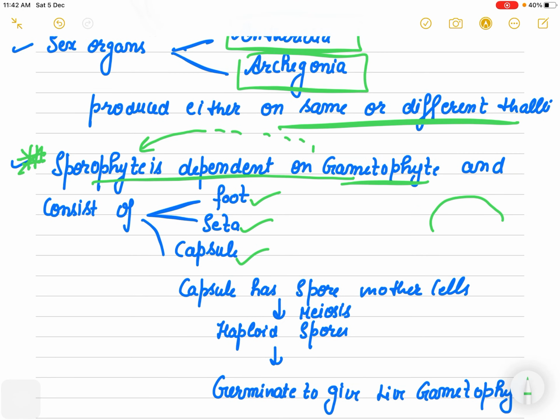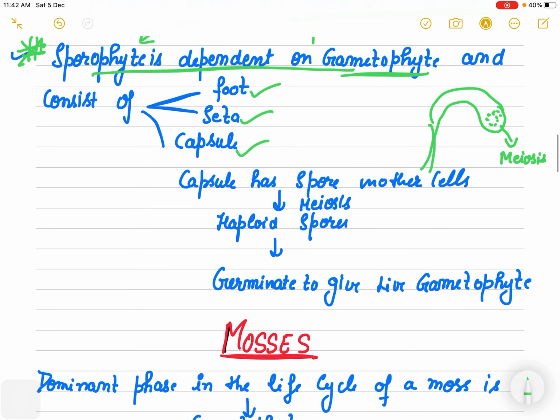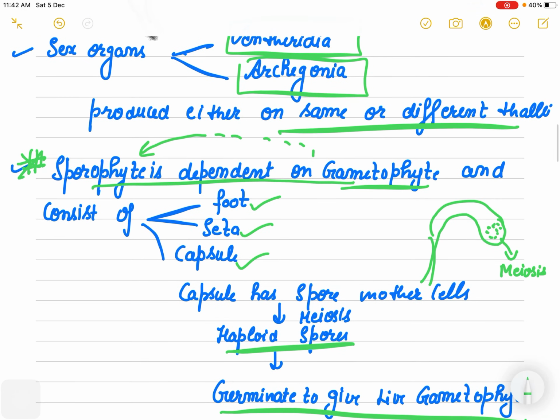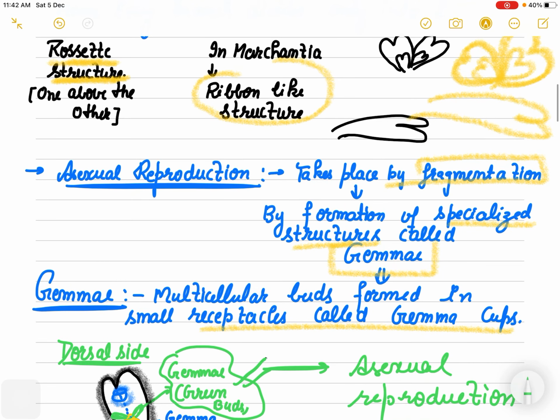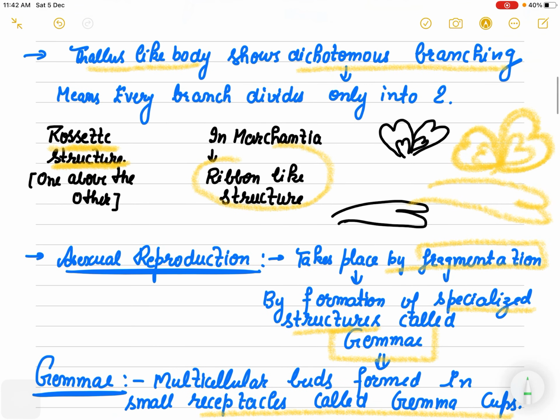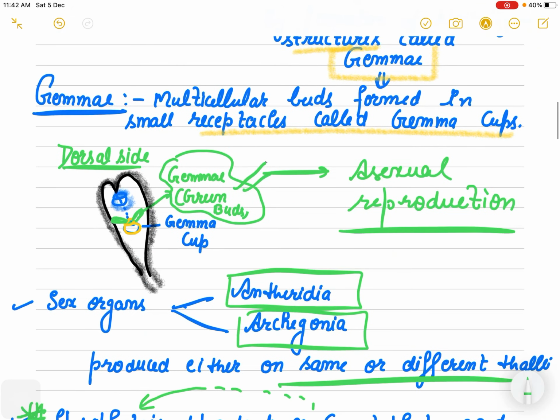The capsule stores spore mother cells, which undergo meiosis and form haploid spores, and these spores germinate to give rise to the gametophyte. This is the basic characteristic of Riccia and Marchantia.